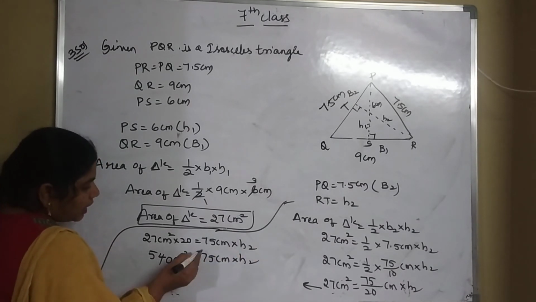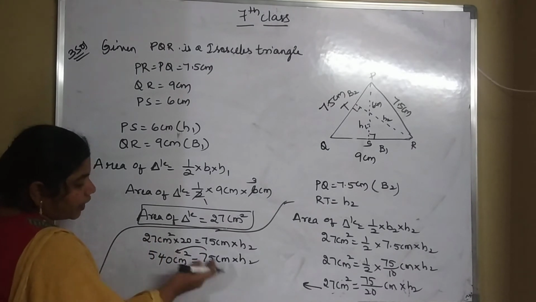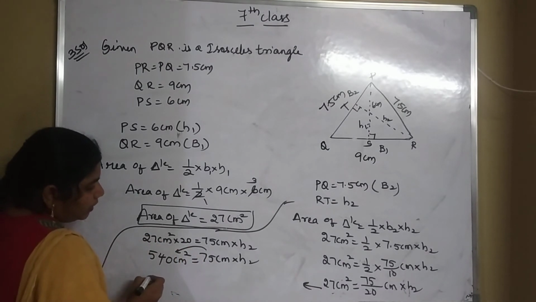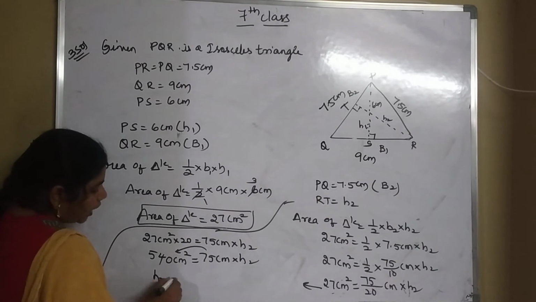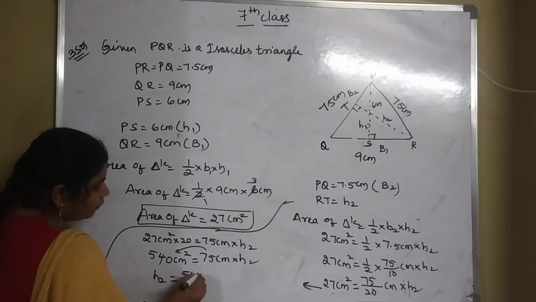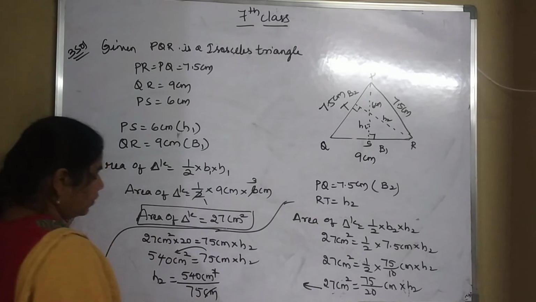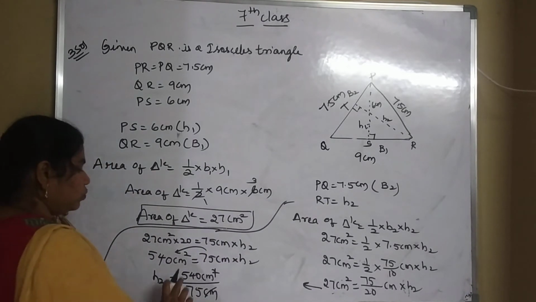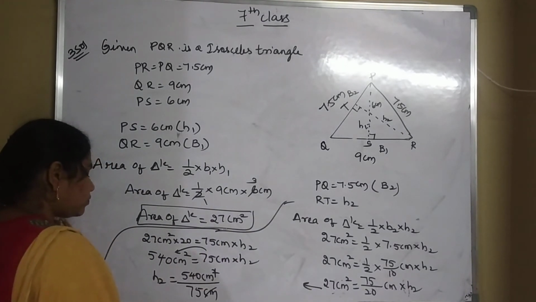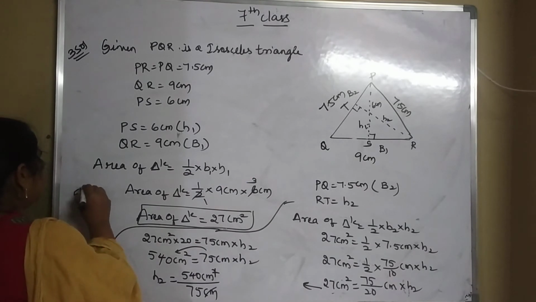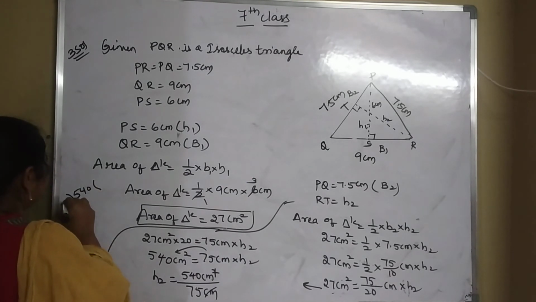Okay. So now I am transposing this 75 to the other side. So it will be height 2 is equal to 540 centimeters square by 75 centimeters. Centimeter will get cancelled. So here if you divide these two, that is 540 divided by 75.